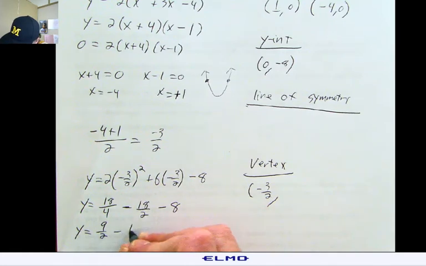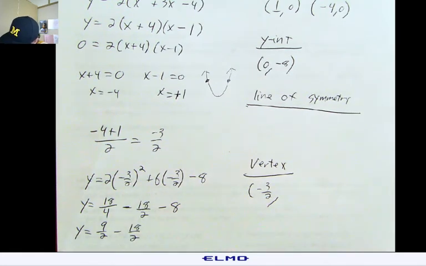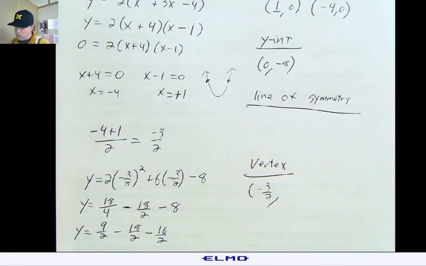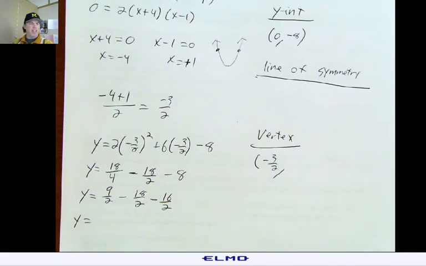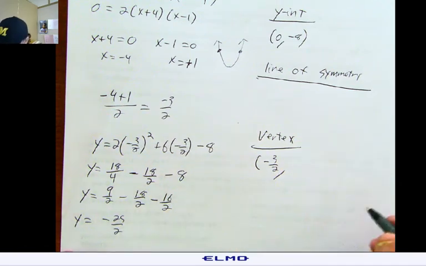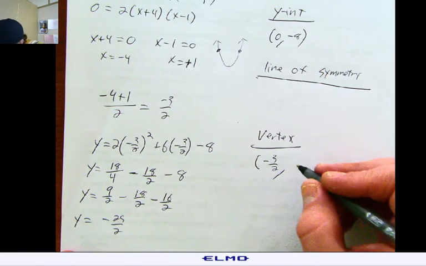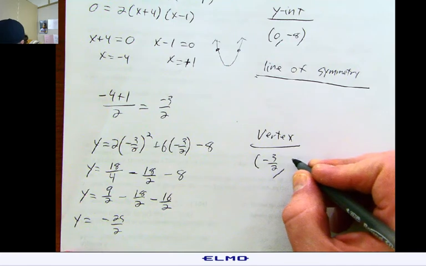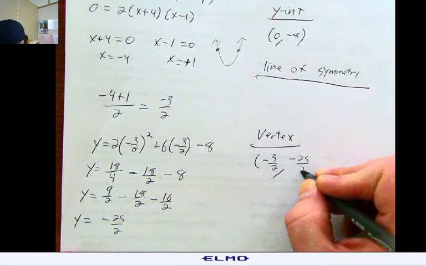This is still just negative 18 over 2. And then 8 with a denominator of 2 would be 16 over 2. Let's see, 9 minus 18 is negative 9, minus 16, negative 25. So negative 25 halves. So in this particular case, my vertex is at (-3/2, -25/2).